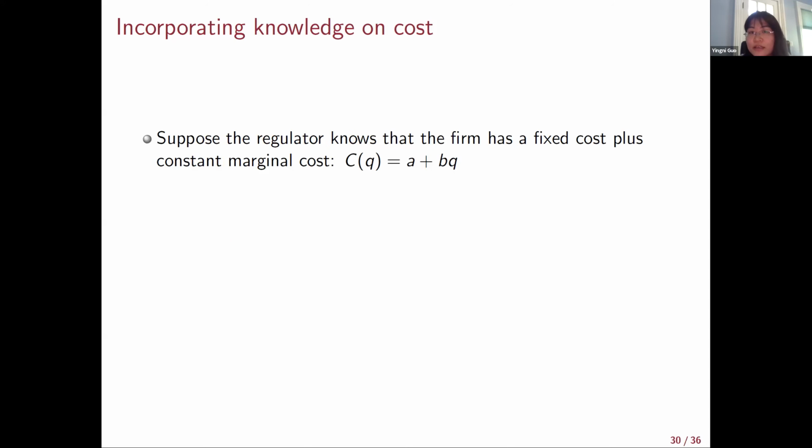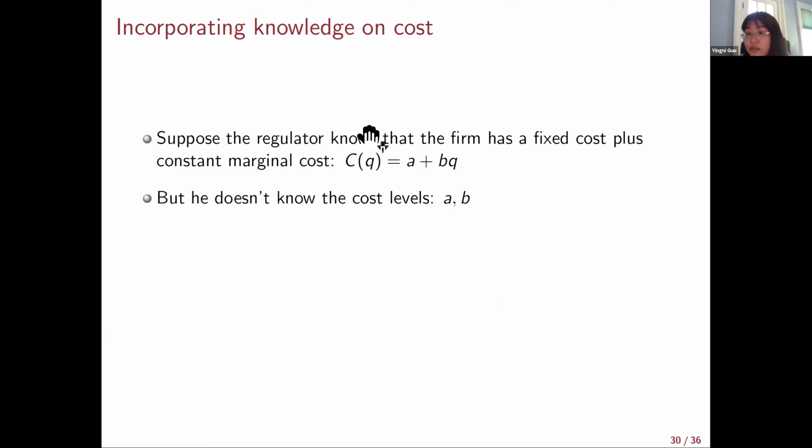The first one is additional information about the cost function. Very frequently, the regulator may know that the cost function takes the form of a fixed cost plus some constant marginal cost, so C(Q) is equal to A plus B times Q. But the regulator doesn't know the exact levels of A and B. This is more restrictive than our baseline framework.